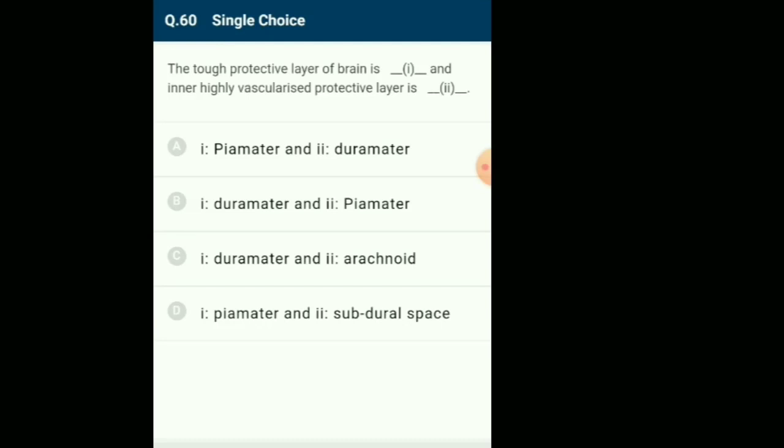It consists of layers of connective tissue and it is avascular. The pia mater is located underneath the subarachnoid space. It is very thin and tightly adhered to the surface of the brain and spinal cord. So the answer for this question is option B. The tough protective layer of the brain is dura mater and the inner highly vascularized protective layer is pia mater.